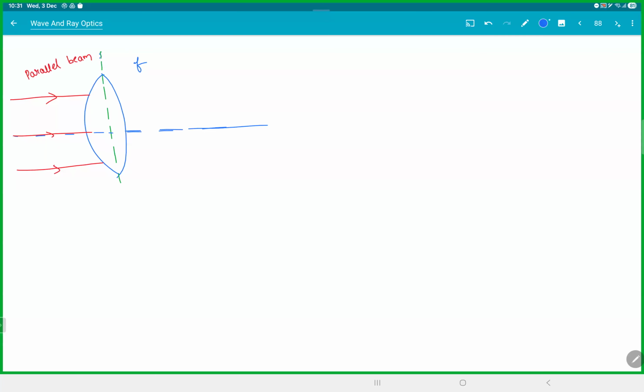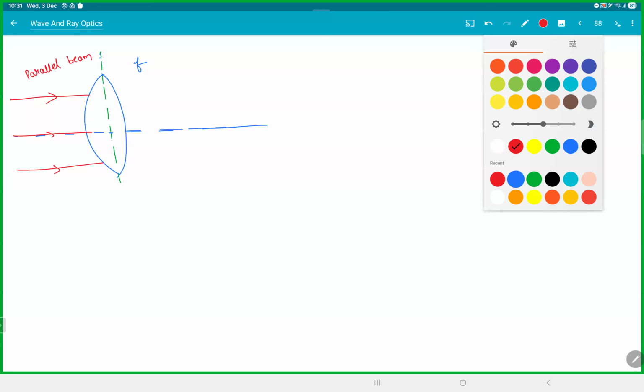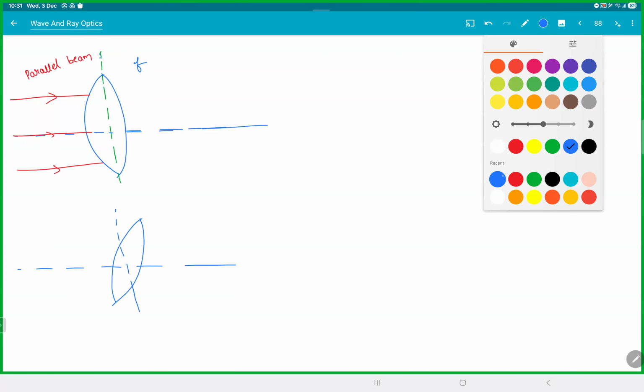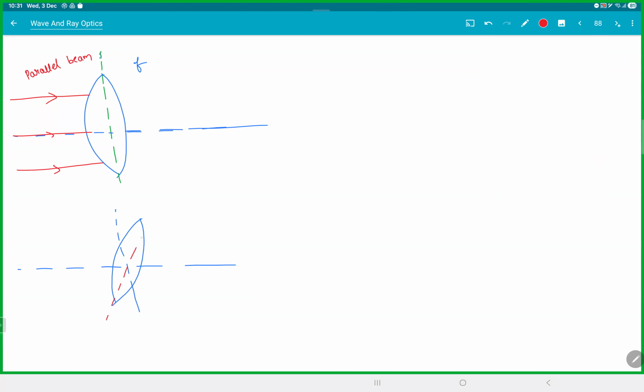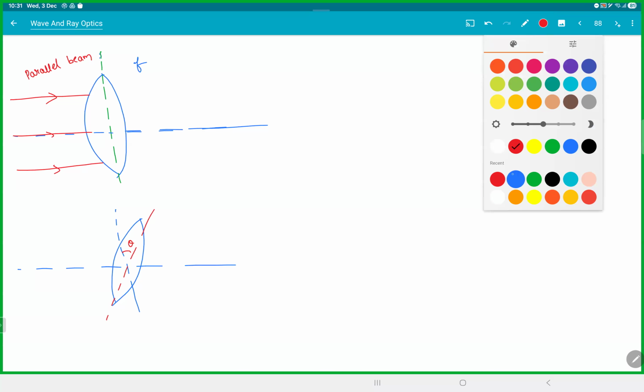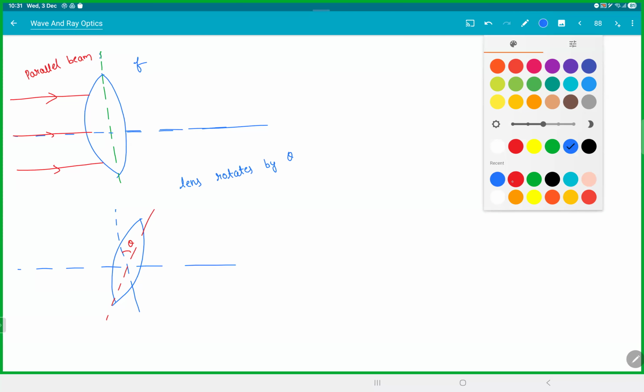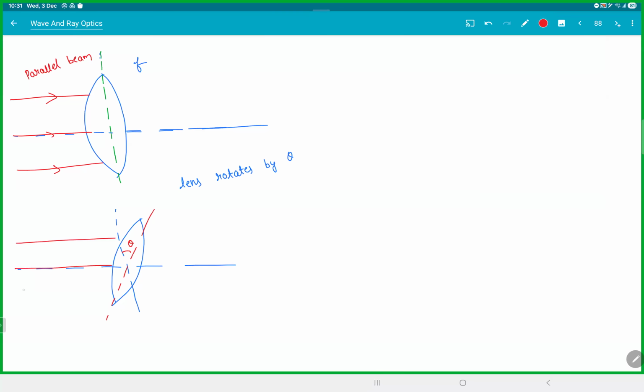Well, let's make it simple. Let's say if you rotate this lens by theta. Find the displacement of the image. Hope you remember this. This thing came in 2006 when I wrote the JEE exam.